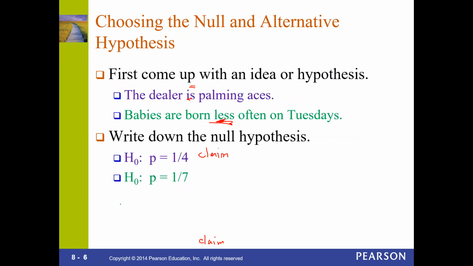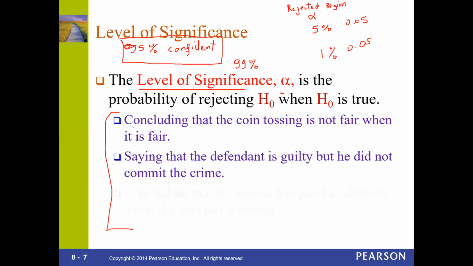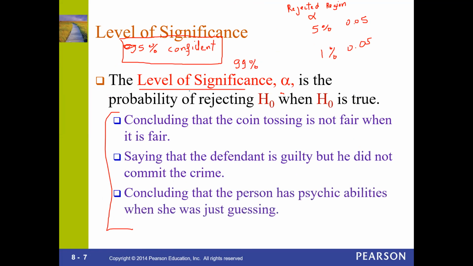Then we spoke about this example here, and I also explained to you something called the level of significance, alpha, right here. Suppose I say I'm 95% confident about something, the alpha will be the 5% of which I'm not confident. I said last time that whenever you do statistics or your own study, you don't want to say you're 100% confident about something.